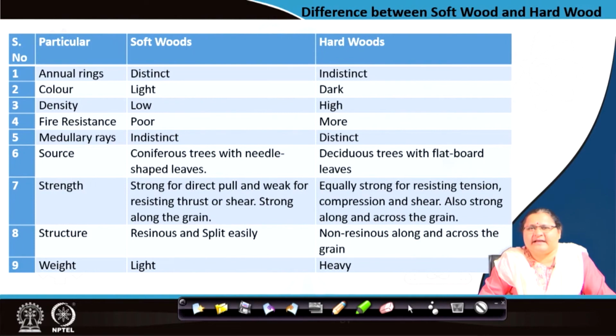So, it may split along its annual ring, whereas hardwood does not. That is why you see annual rings are distinct in the case of softwood, whereas in the case of hardwood they are not so distinct. They are very similar, having gone through years and got transformed, whereas annual rings in the case of softwood are distinct and they split easily.